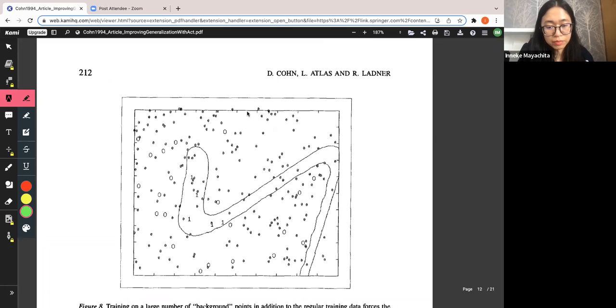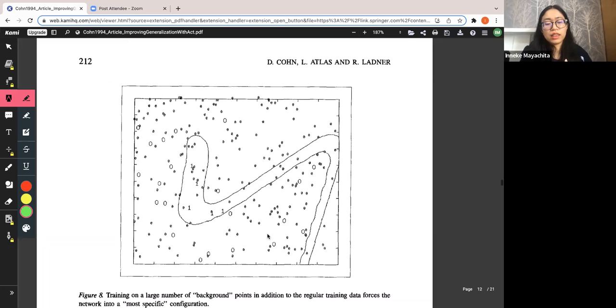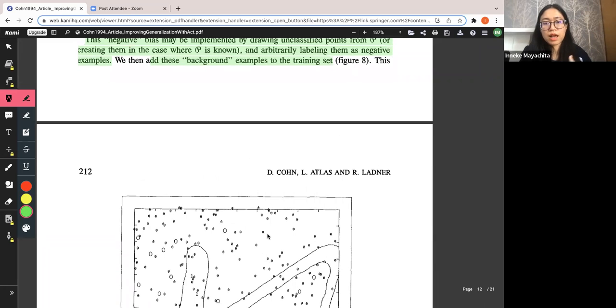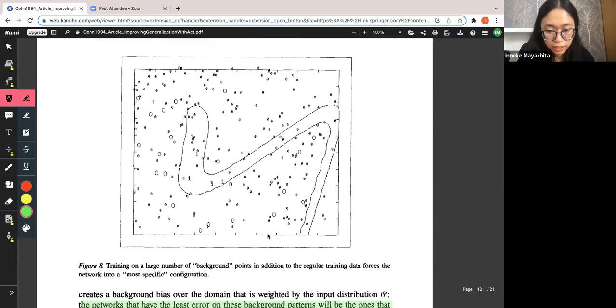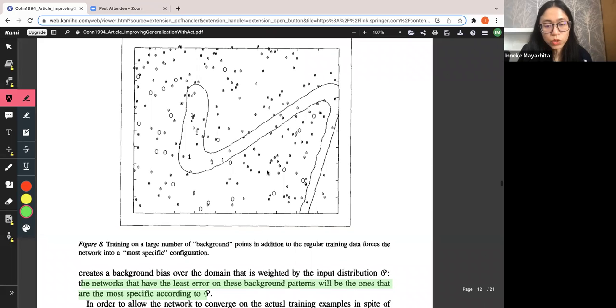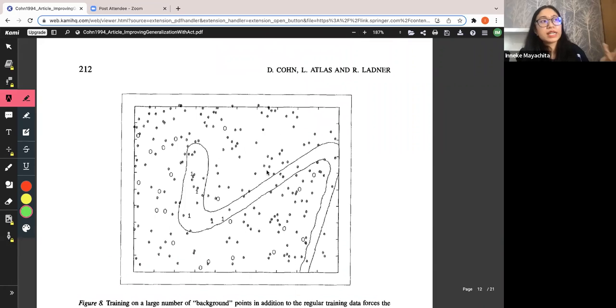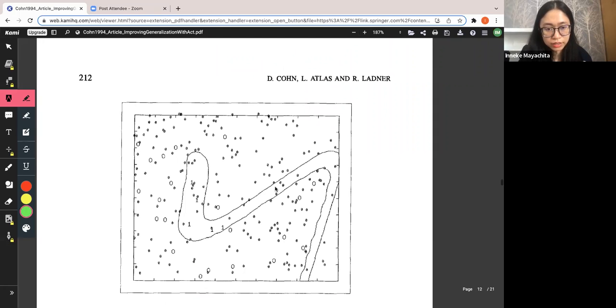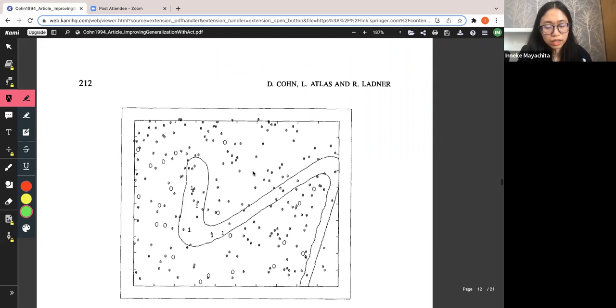Imagine that in this picture we have examples that we treat as background examples. By introducing these background examples, we want to learn which areas in this representation have examples that must all be one.